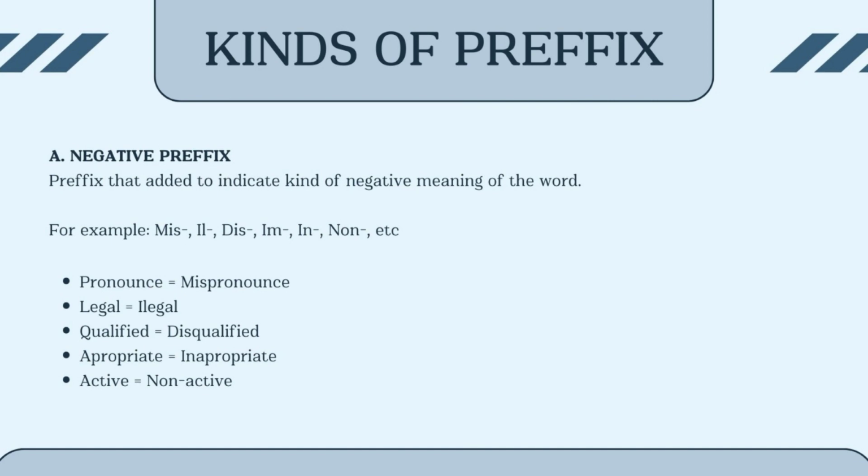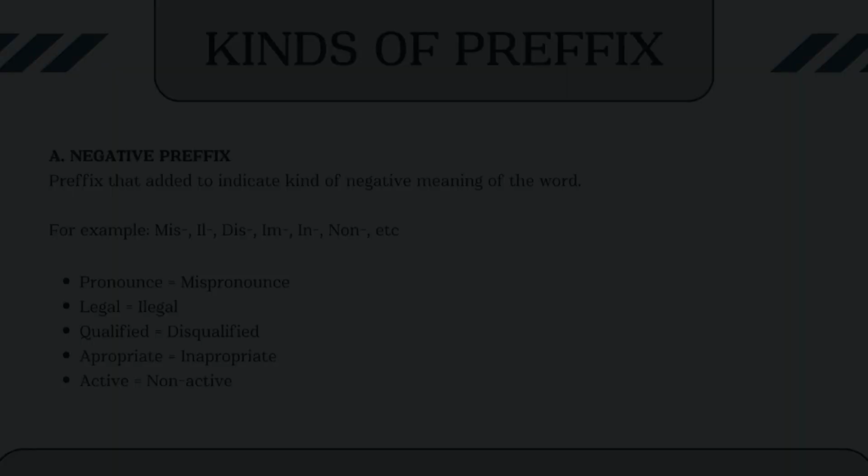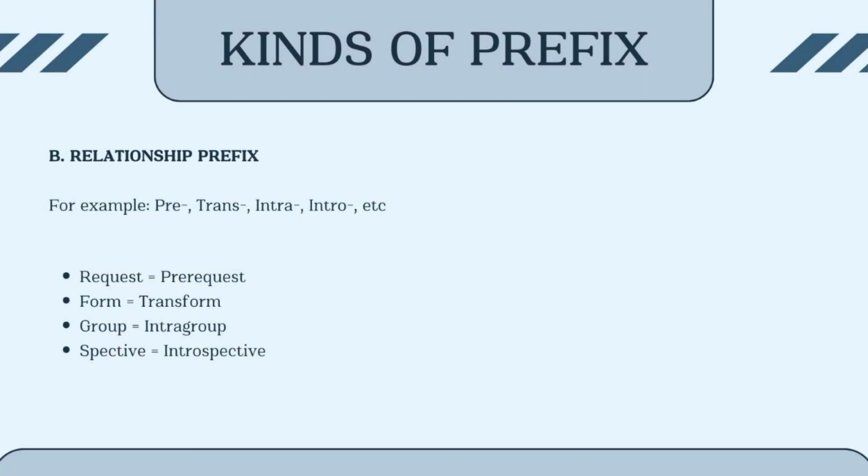Like nonactive, something that isn't working. Here we have relationship prefixes like pre, trans, intra, intro, etc. Like request, if we add the prefix pre, prerequest means before request. From the base word request, if we add pre, the word carries a new meaning, that means before request.